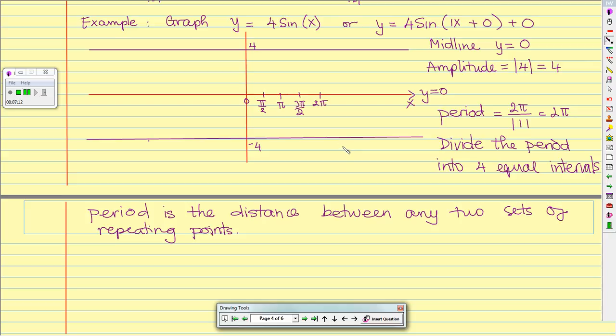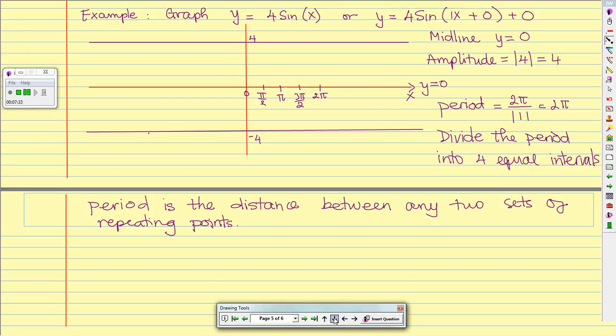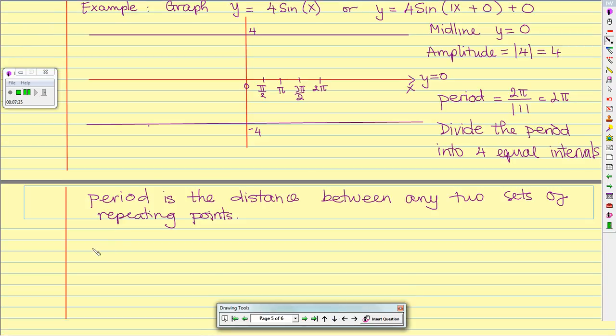So now remember the graph of sine. You can evaluate this. If you don't remember how the graph of sine looks like, I'm just going to go ahead and evaluate for you so you can see it.